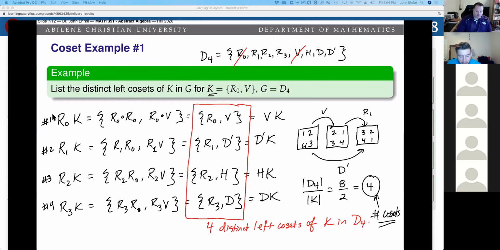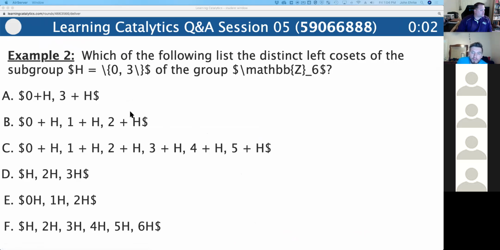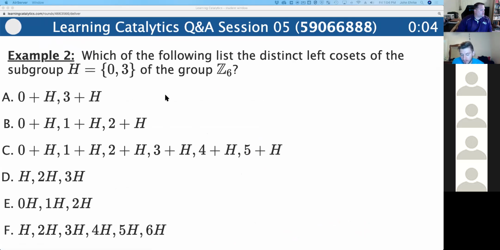All right, so I want to give you one to try. So you have the subgroup 0, 3 of the group Z6.